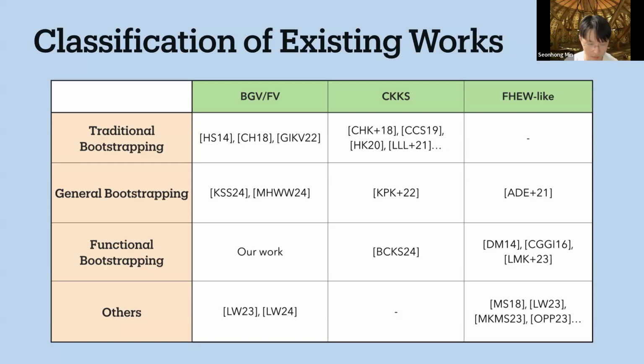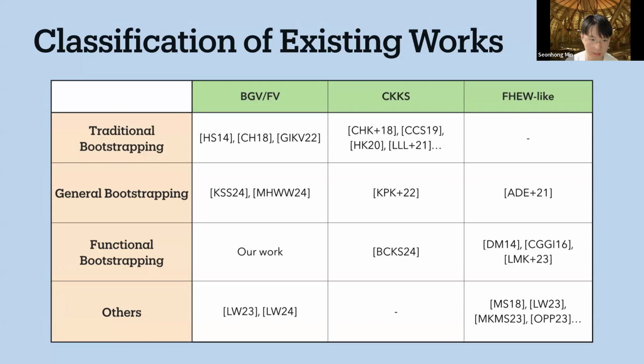And we have the functional bootstrapping for FV and BGV, which is our work. And there are some other works, which are not really BGV bootstrapping, but some kind of partial BGV and FV bootstrapping, LW23 and LW24.